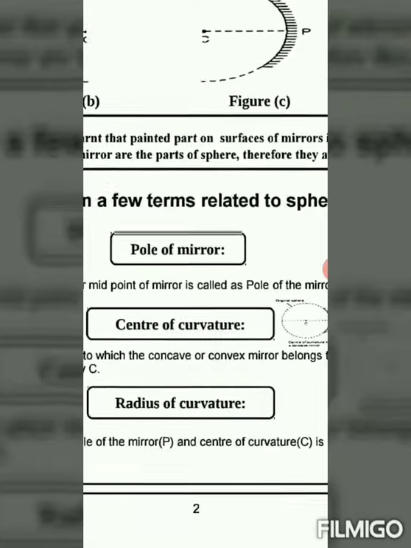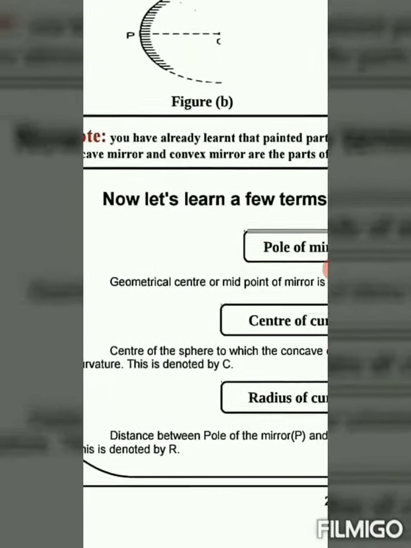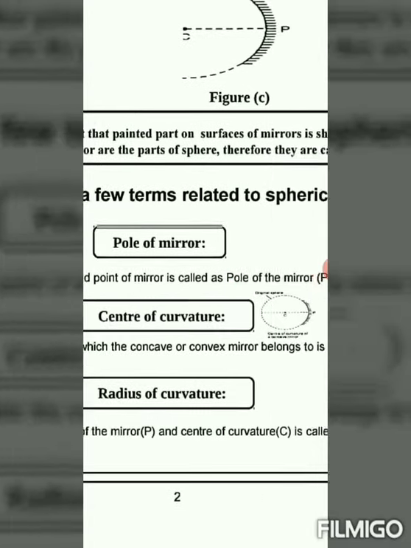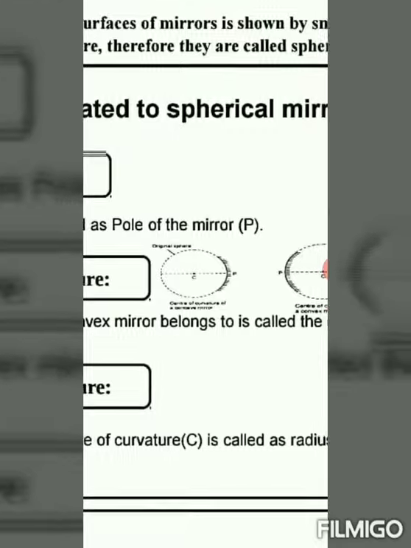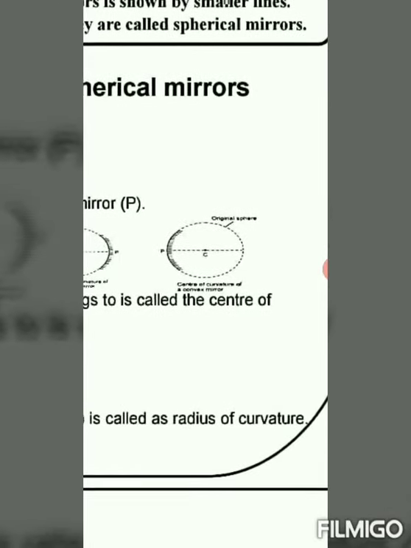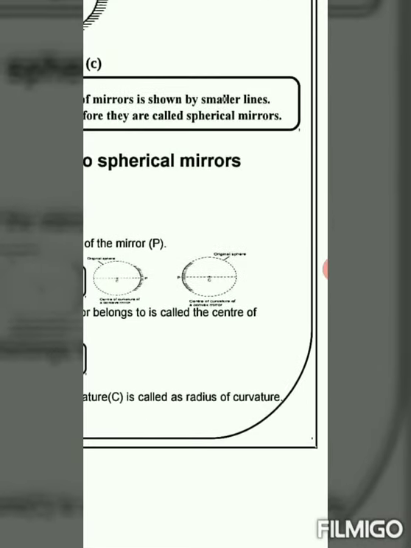Next is the center of curvature. If you take a circle, this is the midpoint of the circle. In the same manner, if you take any mirror and construct one circle, then the midpoint represents the center of curvature.